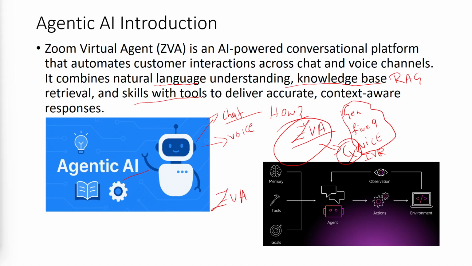Traditionally, contact centers used IVR based systems where customers had to press 1 for billing, for example, 2 to connect to an agent.